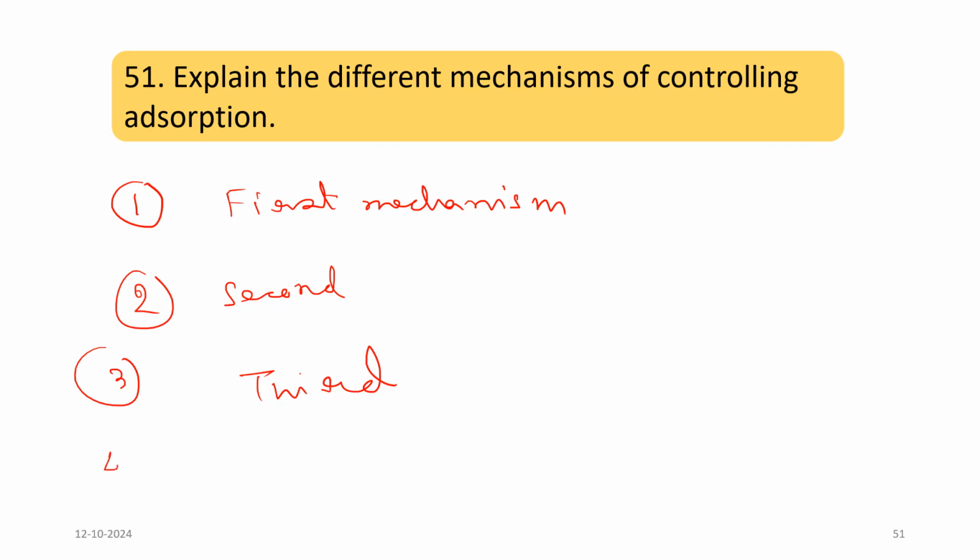And the fourth, the final mechanism, involves rapid adsorptive attachment of the solute on the active sites of the pores. Being a rapid process, it is not considered during engineering design of kinetics.